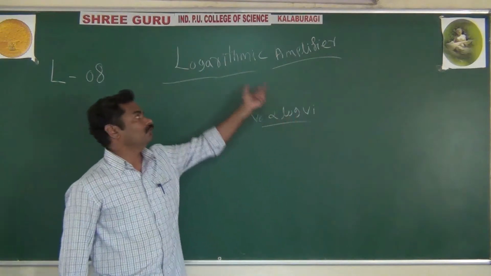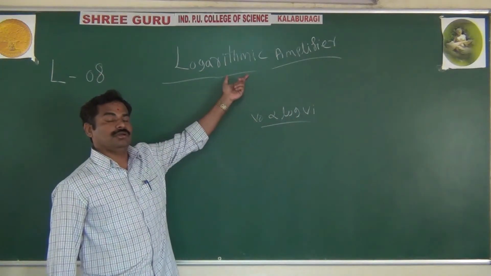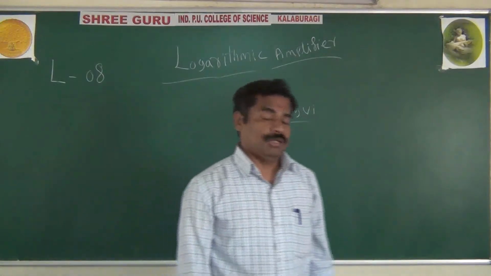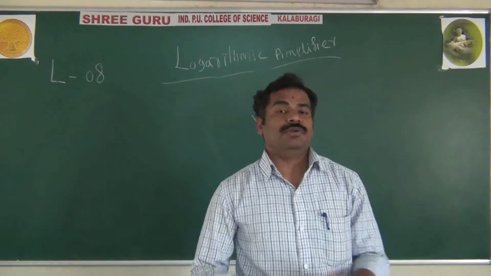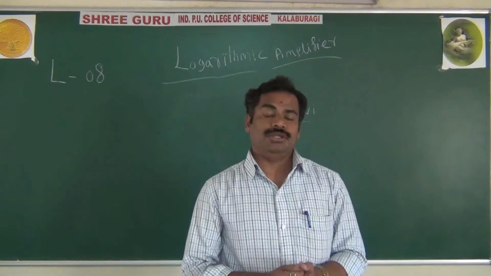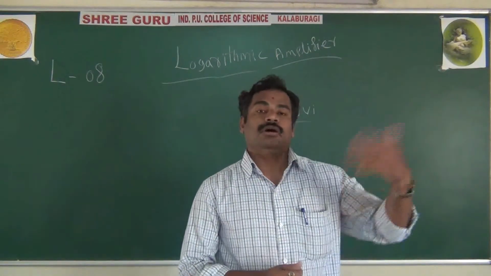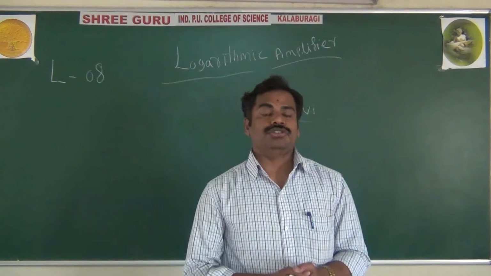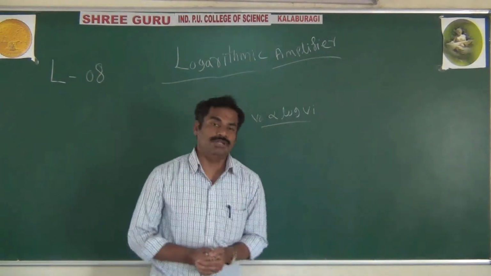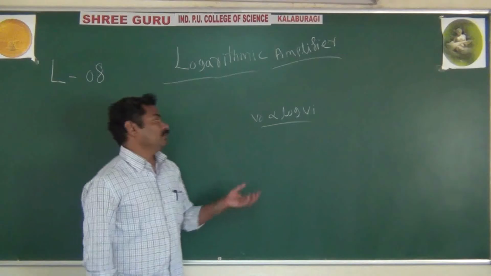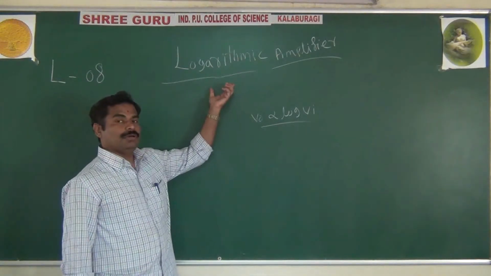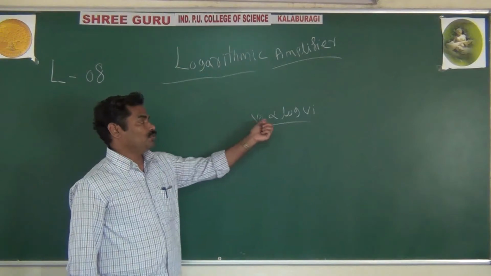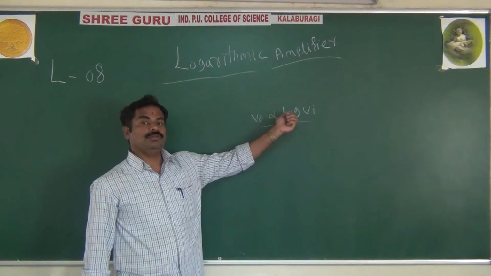This is the importance of the logarithmic amplifier, and they may ask a 5-mark question: explain how the op-amp can be used as a logarithmic amplifier, or derive the equation for how the op-amp can be used as a logarithmic amplifier. First you write the definition: the logarithmic amplifier is a type of amplifier in which the output voltage is proportional to the log of the input voltage.